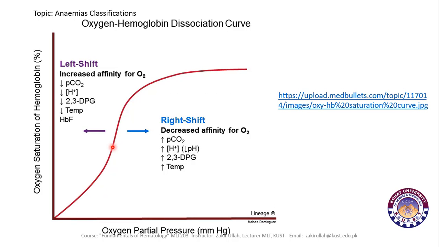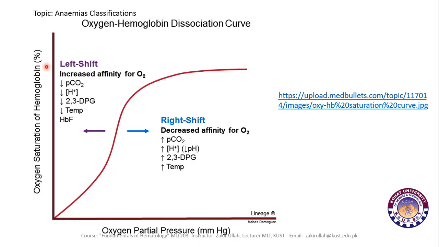this is the normal oxygen and hemoglobin dissociation curve. When 2,3-diphosphoglyceric acid increases, the oxygen partial pressure also increases and the oxygen saturation of hemoglobin decreases.